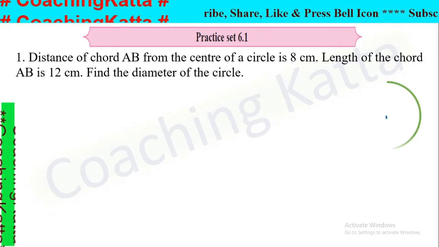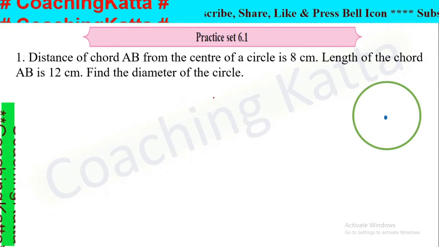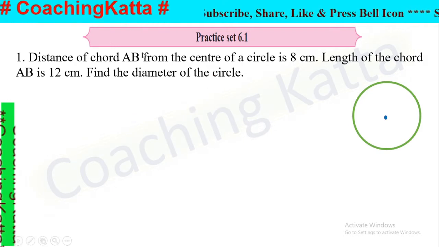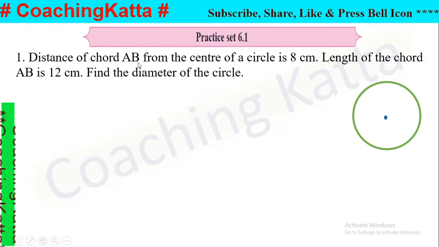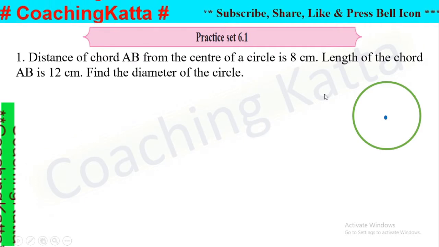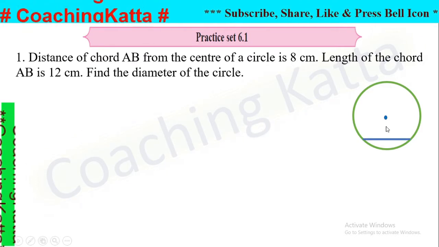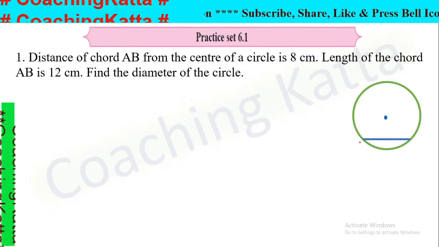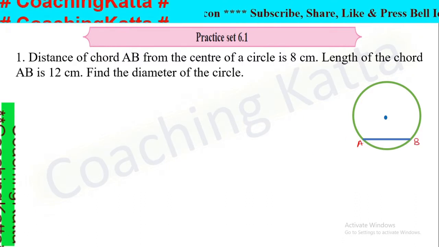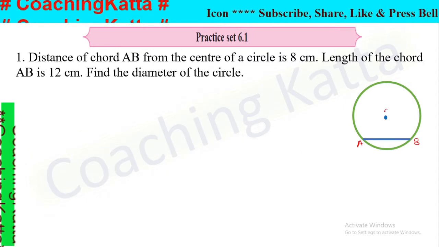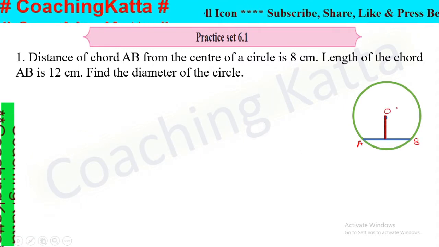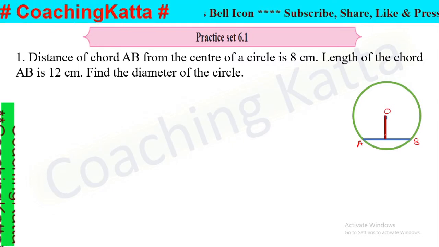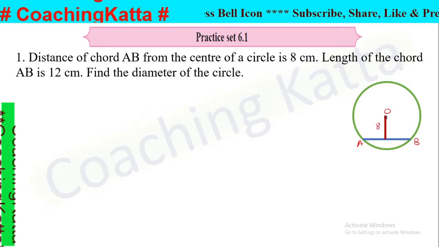So this is the diagram, and what is given in the example: the distance of chord AB from center is 8 cm. So this is chord AB and O is the center, and the distance of AB from center O is equal to 8 cm.